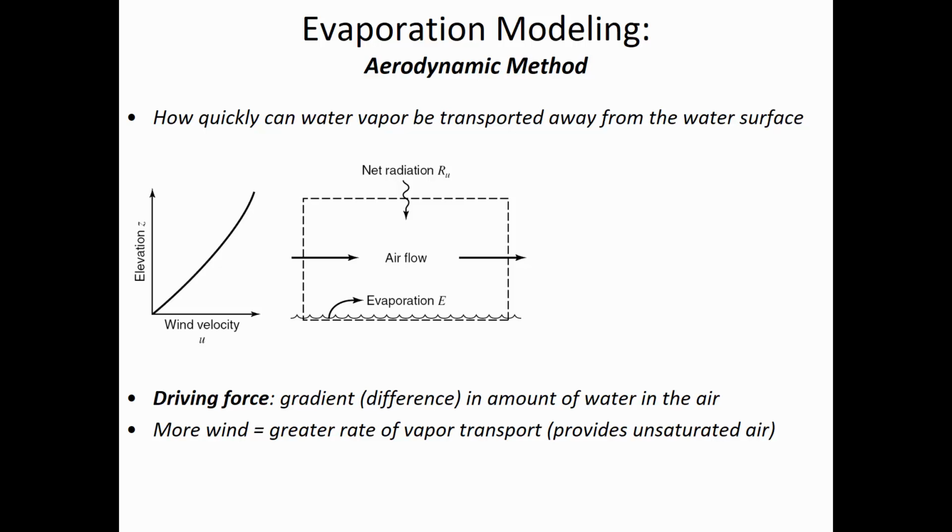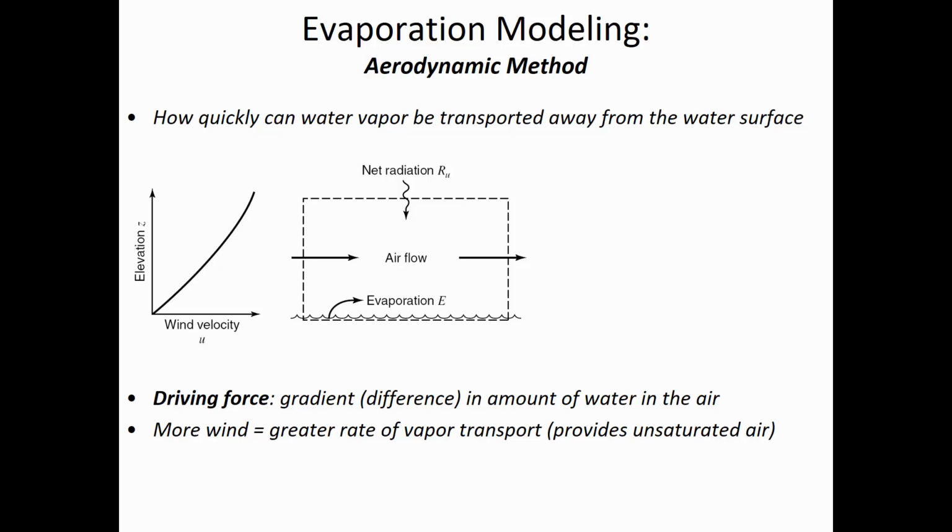A stationary surface like that water is going to resist the movement of the fluid over it. If the air is flowing to the right, there's more resistance at the surface, but further away that resistance decreases. So the air at a high elevation is moving very quickly, but right at the water surface, the air isn't moving at all. It has the same velocity as the water that it's touching.